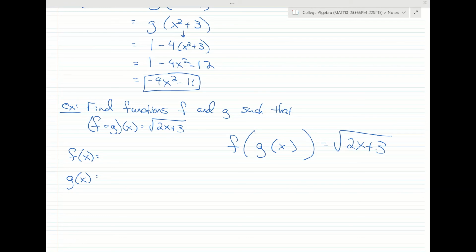Hard to explain. Let's start with the inside then. What's on the inside of the function? That's the inside, right? This is the inside, so that's what g of x is. And we're putting that into the bigger function, which is what?